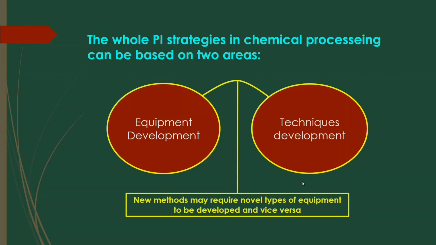And the whole process intensification strategy in chemical processing can be based on 2 areas: equipment development and techniques development. Whatever processes we have discussed, you can concise in these 2 ways. Equipment development is important, because whatever reactors are being developed should be intensified, so that your reaction mechanism is intensified.